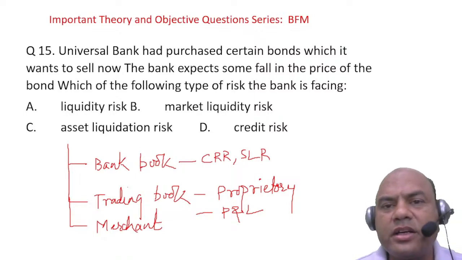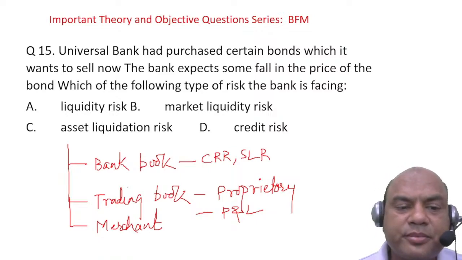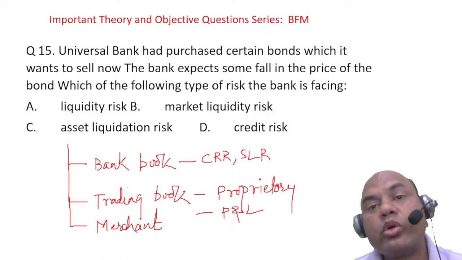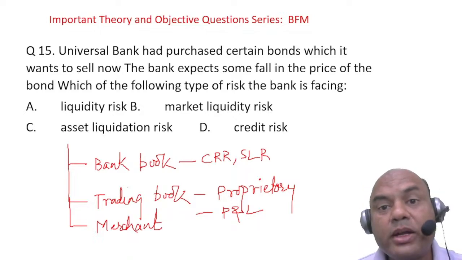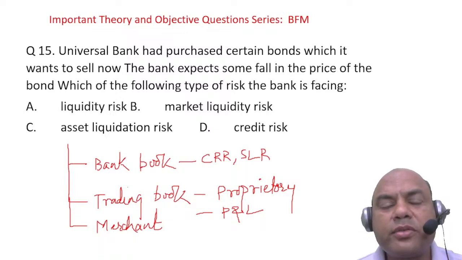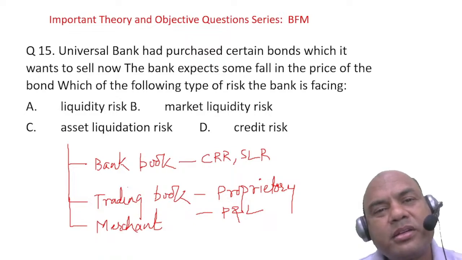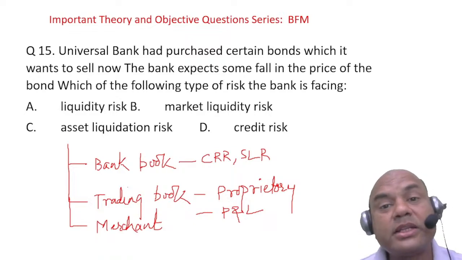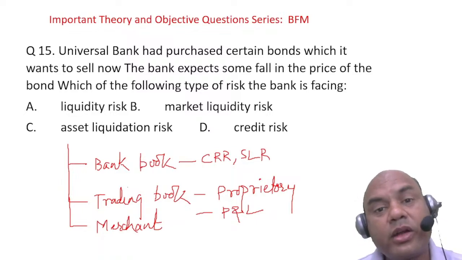Okay, let's look at it one by one. Liquidity risk. Liquidity risk means what? Nobody is ready to buy my bonds. For example, if I give you the bonds of, let's say, some Kingfisher Airlines, Vijay Mallya's company, defunct long back, that defaulted.